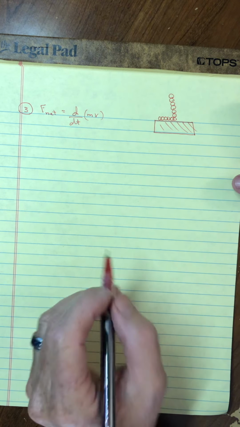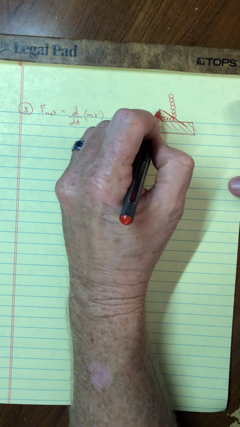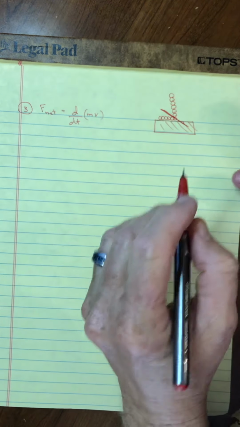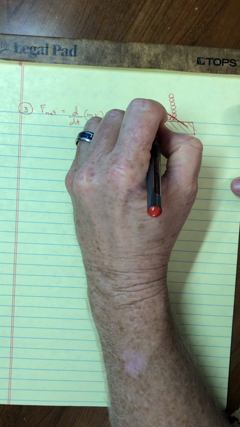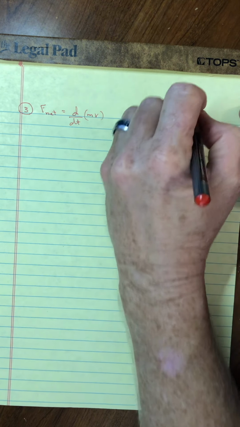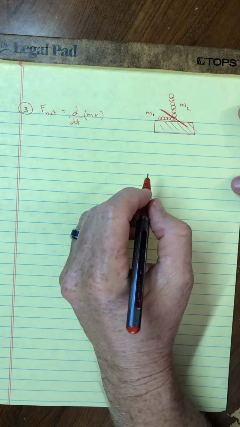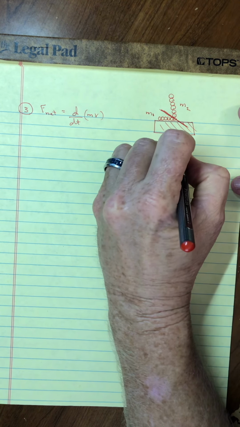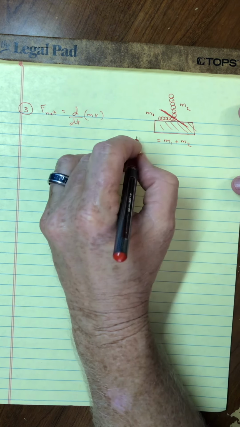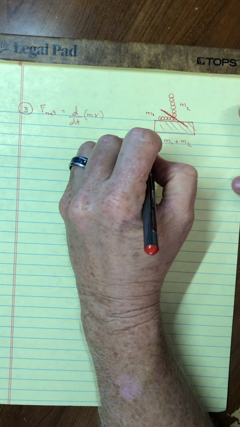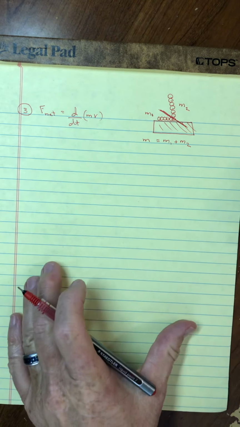And let's just actually split the chain so that the part that's actually on the scale, let me call it M1, and the part that's still remaining up in the air as M2, so that M1 plus M2 is equal then to the total mass. And so I'm going to look at it as 2 pieces.